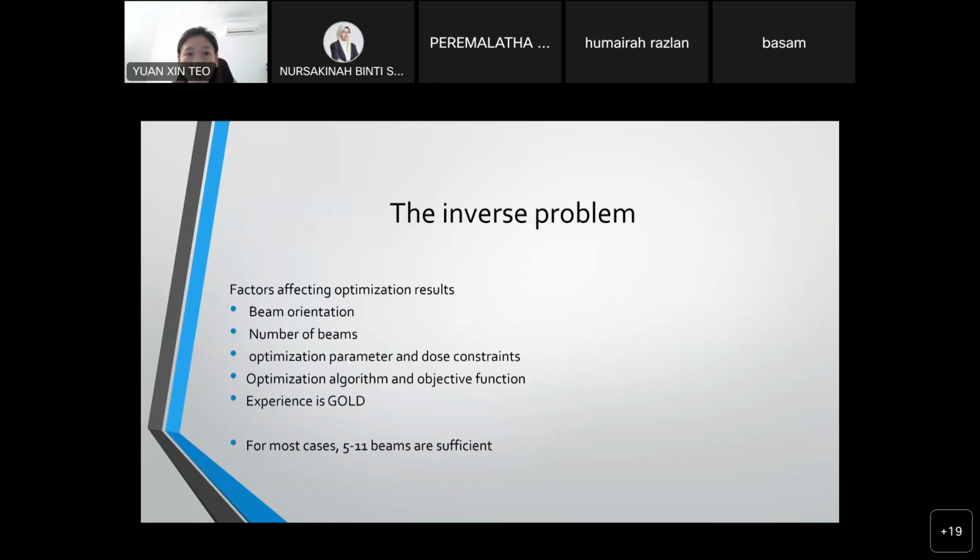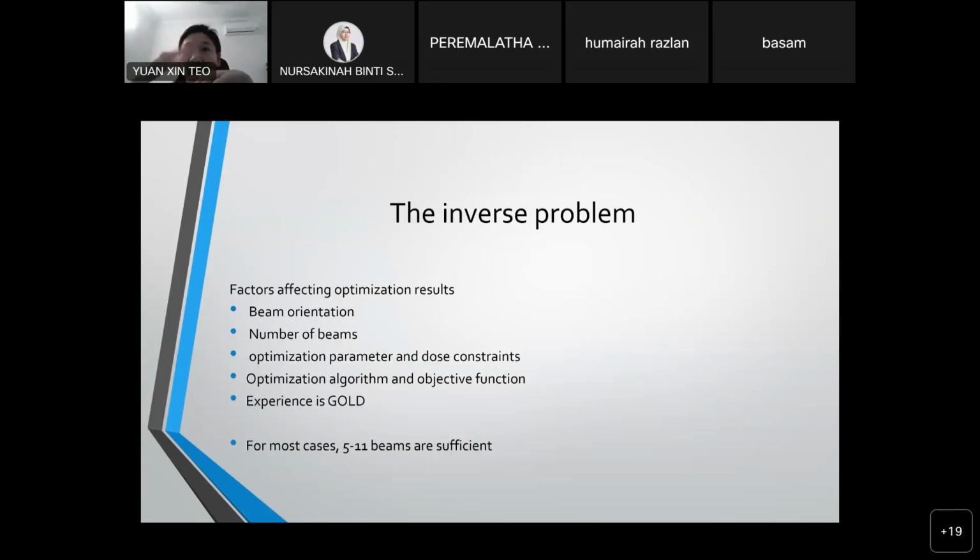There are still some problems when we are using inverse planning, as there are factors affecting the results. First, the beam orientations. For IMRT beams, normally we will use at least 5 beams.